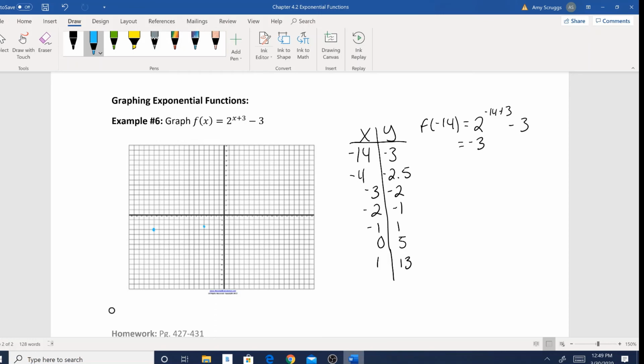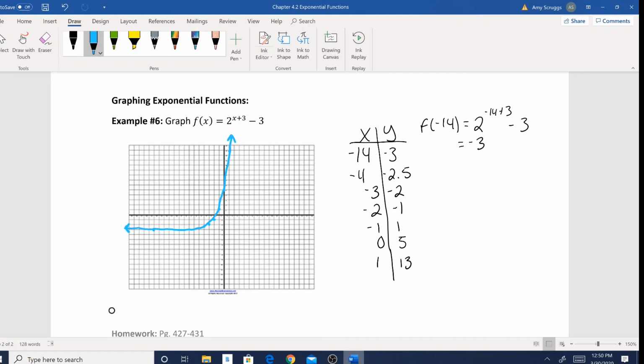Negative 3, negative 2. It's right there. Negative 2, negative 1. Negative 1, 1. 0, 5. And 113. It's about right there. Okay, so we get a pretty good set of data here to use for our graph. Anything else is going to go off, but that is perfect.